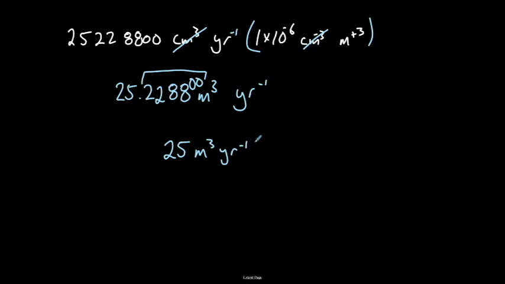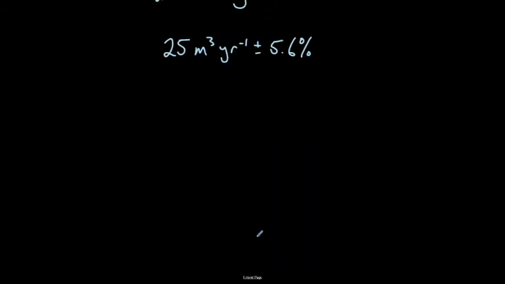And then there's uncertainty on there. We haven't added any uncertainty, so it's still plus or minus 5.6%. All right? So then we can get our actual final value the same way we did before. 5.6 hundredths times 25 is 1.4.